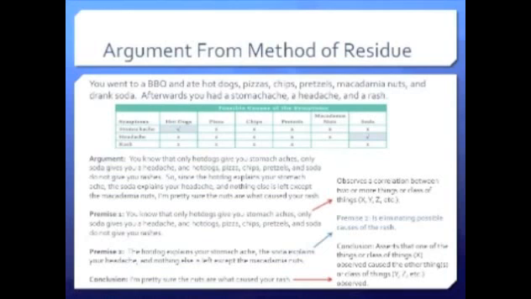However, if arguments based on the method of residue make such assertions about the cause in their conclusion, then they will be weak arguments because the method itself does not make any distinction in terms of the kind of causes that are being identified.